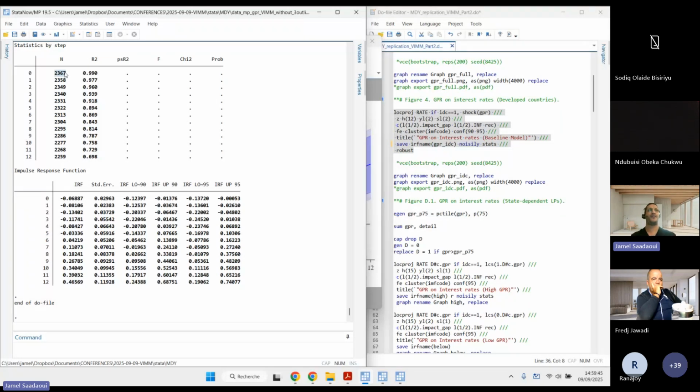Ideally, you should have at least 300 points. But there is a recent paper in the Journal of Applied Econometrics that provides some solution when your T is below 200 points and N is below 200 points. Basically, you have to use the cumulated impulse response function that you can do here. So I would say that in your application it is not a problem, because T remains very large.